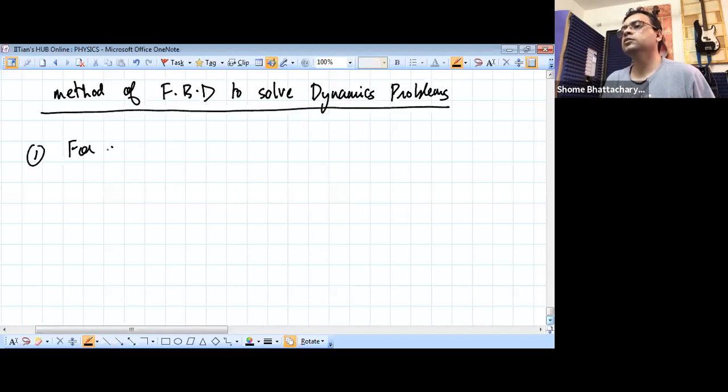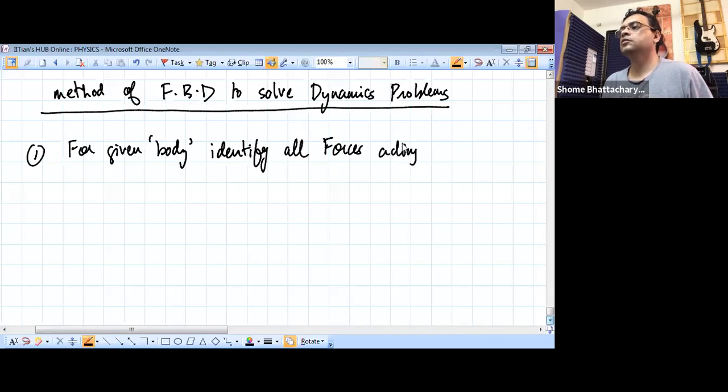First step, for the given body, identify all forces acting on it and make a free body diagram.